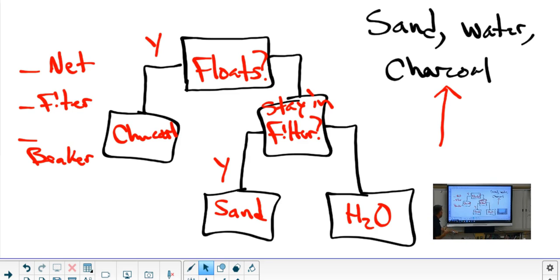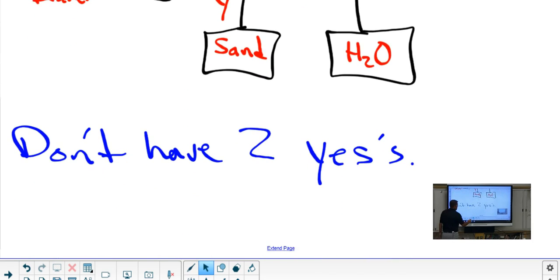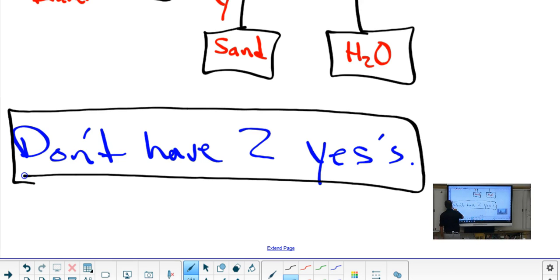All right. One key, especially for the lab we're going to do: when you do a flow chart, do not have two yeses.